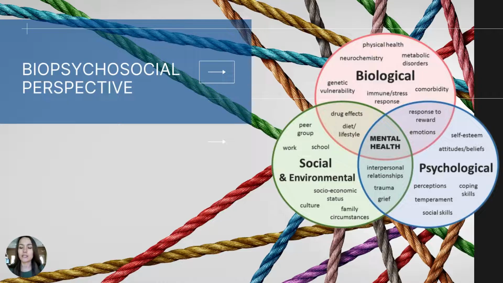This approach examines how multiple interconnected factors influence our thoughts and our behaviors. So, those factors are biological factors, things like our neurochemistry, and our social factors, like our peer groups, as well as our psychological factors, like our self esteem, and how those work together to influence the way we think and the way we act. So, those are the 8 perspectives of psychology.